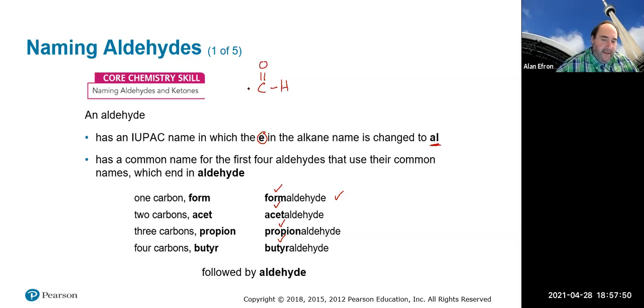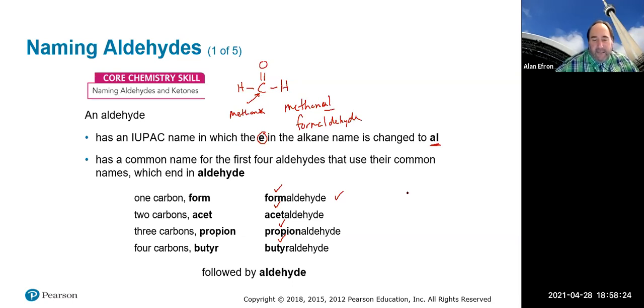There we go, and then H. So this is based off of 1 carbon, which is methane. We drop the E, and this is what is known as methanal, -al. So not -ol, but -al, methanal. Methanal is also what is known as formaldehyde. Perhaps you're familiar, maybe you've taken biology or something like that. So formaldehyde is basically methanal, which looks like this.